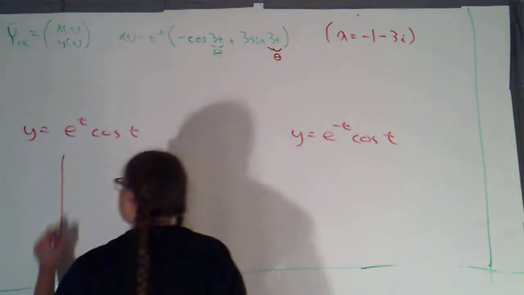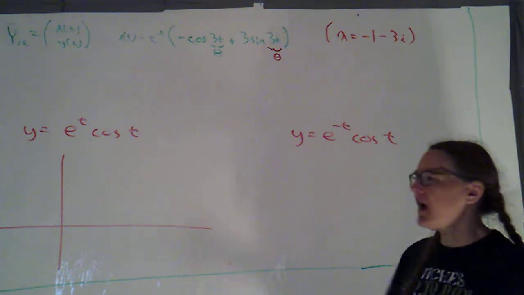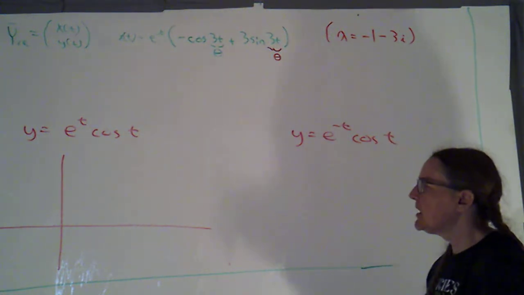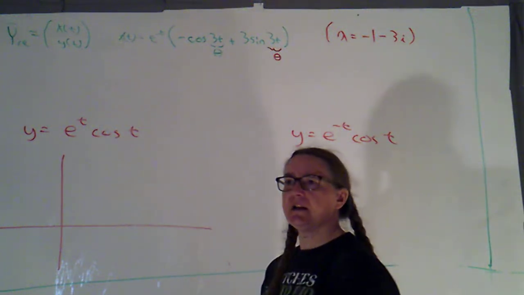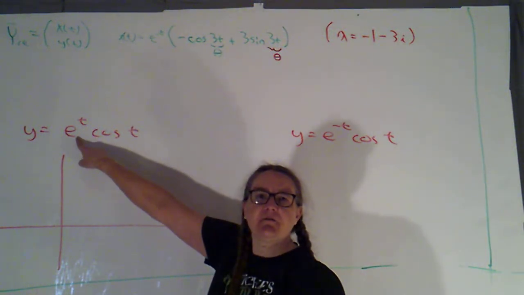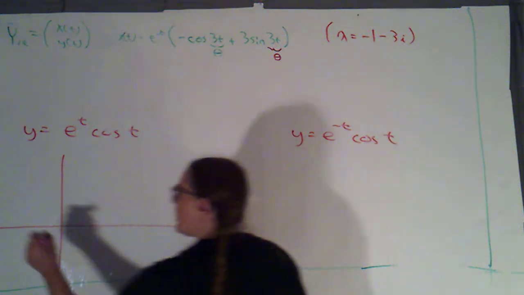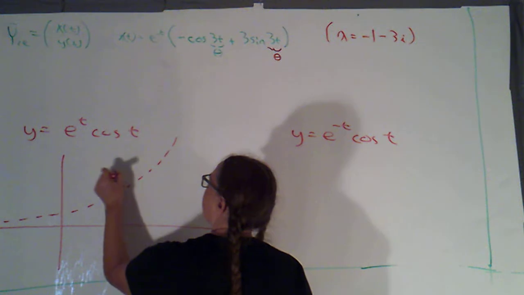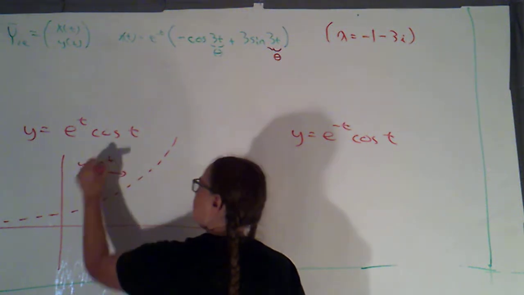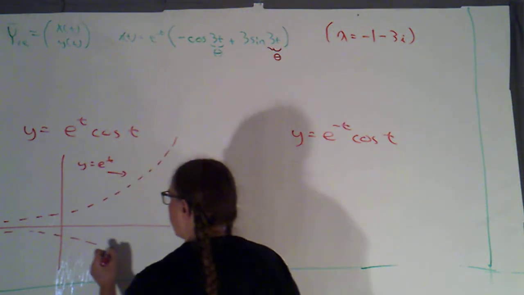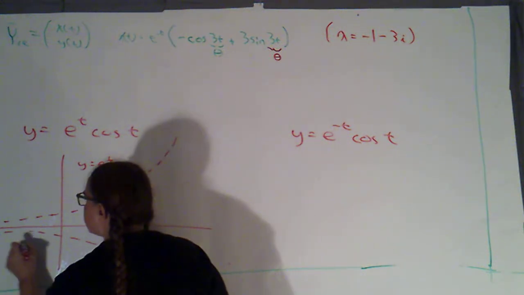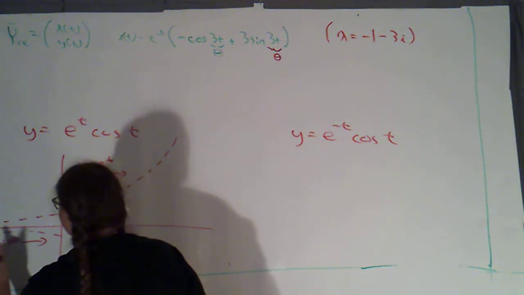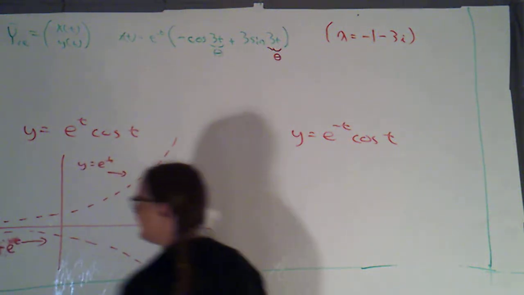But if I'm doing this, I know that cosine oscillates between a high value of 1 and a low value of negative 1. Well, what's going to happen here is we're scaling it by a factor of e to the t. So I'm just going to sketch as a dotted curve, there's y equals e to the t, and as a dotted curve, there's y equals negative e to the t.